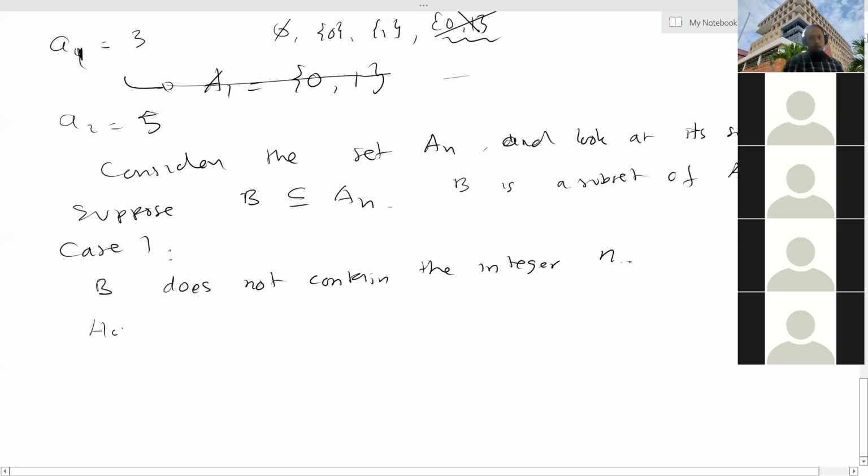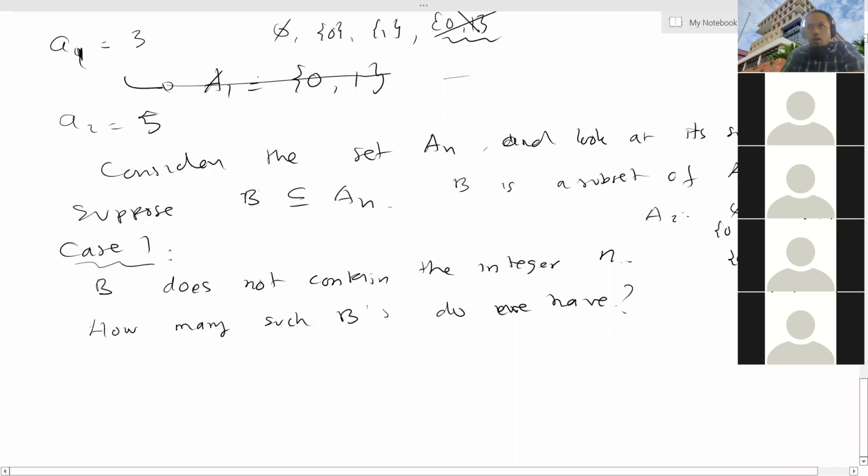How many such B's do we have? For example, in the case of A2, the subsets are the ones you already know: {0}, {1}, {0, 1}, {0, 2}, and then of course {0, 1, 2}.